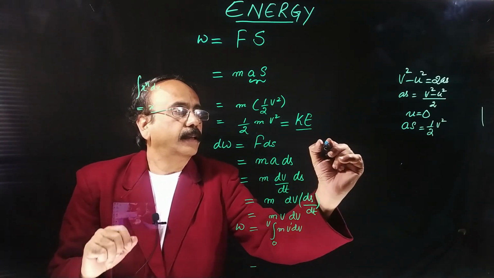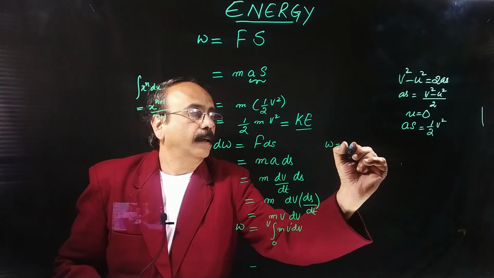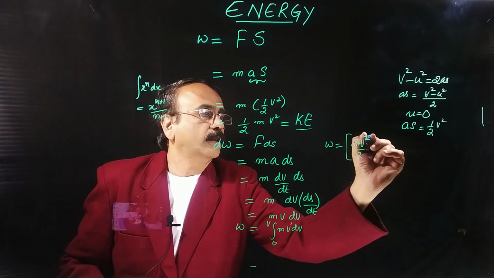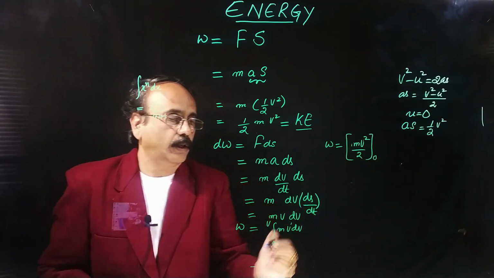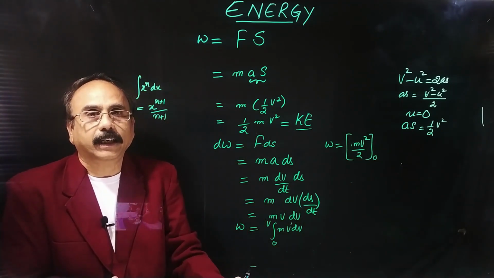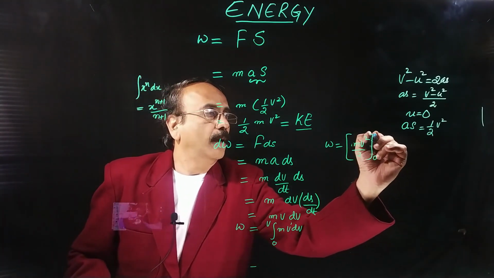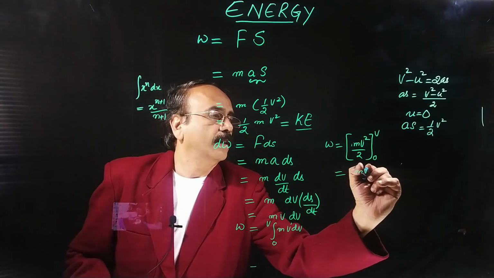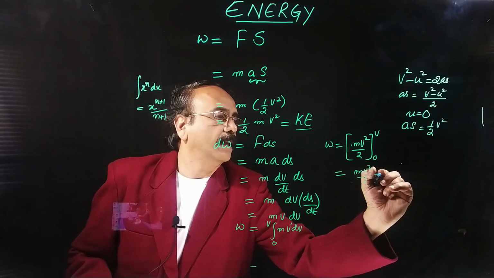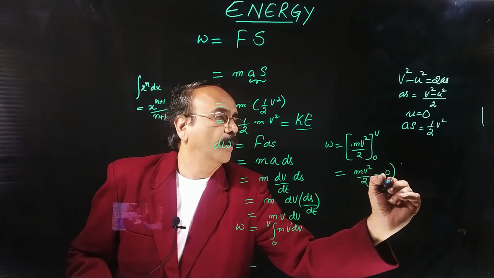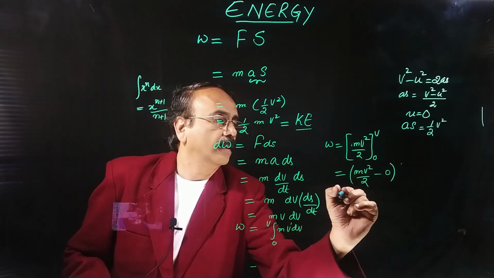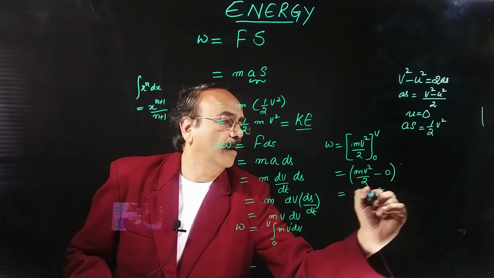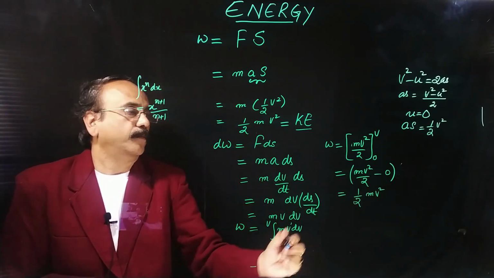Now I can write this W as m v square by 2, which is to be operated in the lower limit 0, because we considered the object initially is at rest, and then upper limit v. So when we replace these limits, mv square by 2, and in place of v we have to substitute 0 in the second case. Therefore finally the formula has come out to be half mv square.